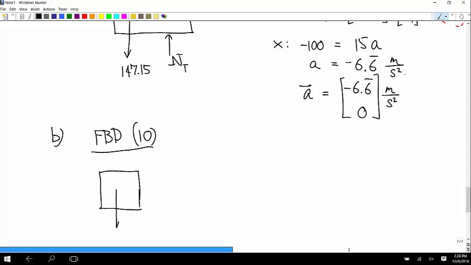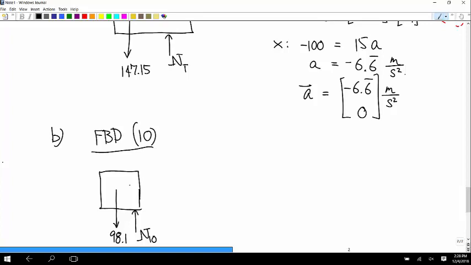So there's a weight force going down of 10 times 9.81, so 98.1. There's a normal force up, and I'll call that N10. That's not the same as the normal force before, because that normal force before was the normal on the 10 and the normal on the 5. This is only part of that.